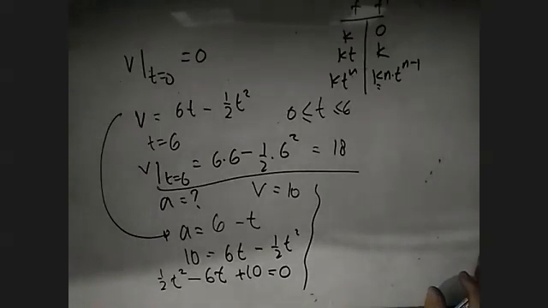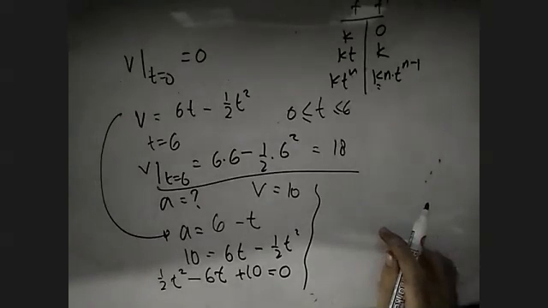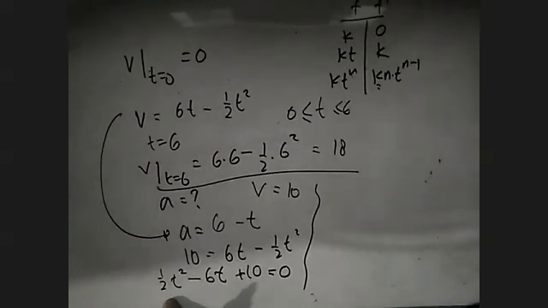Well, in this case here, we don't usually want to deal with fractions, right? So let's multiply everything by 2. Because this is 1 over 2, multiply everything by the denominator. If this is 1 over 5, for example, multiply by 5. Because it's 1 over 2, multiply by 2.